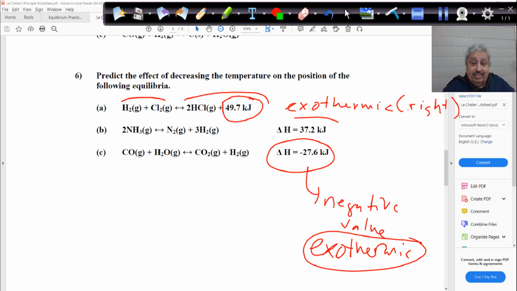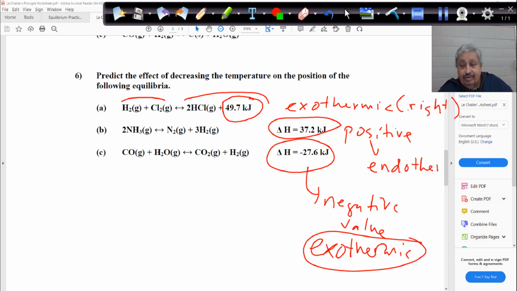The heat is positive, means you have to put in this amount. This is endothermic. So before solving those types of problems, you have to look where the heat is located and whether it's endothermic or exothermic. So you can understand even if the value is not given to you.